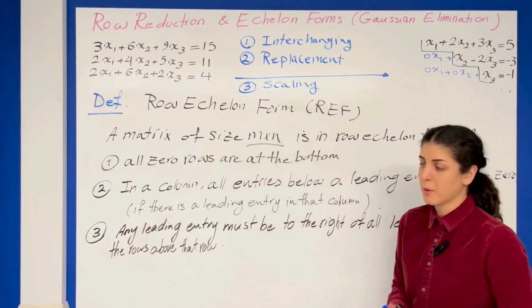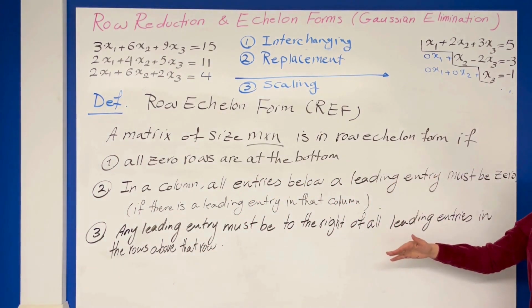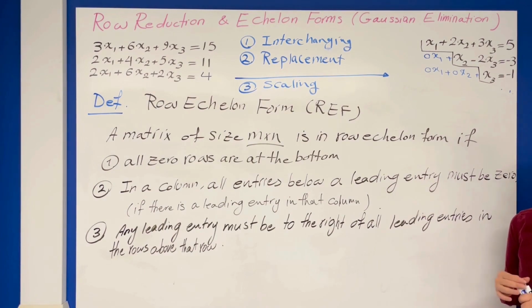That includes the entry. So if we have these three conditions, then we say that the matrix is in row echelon form.